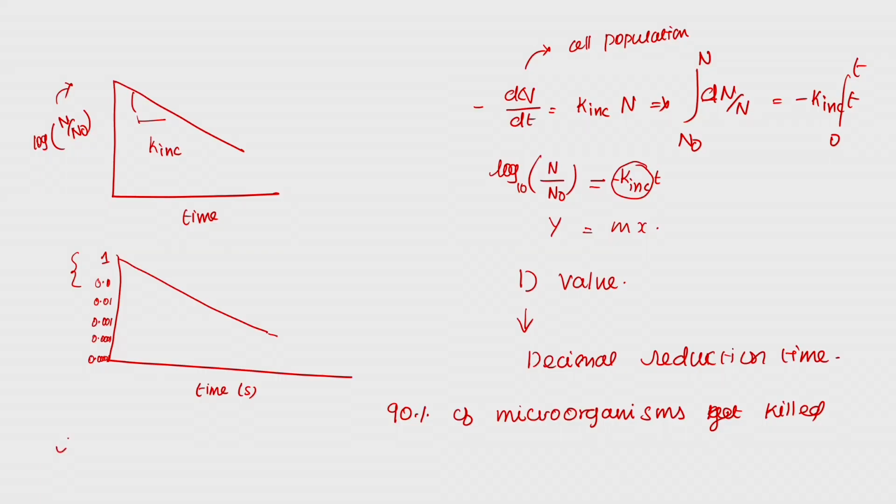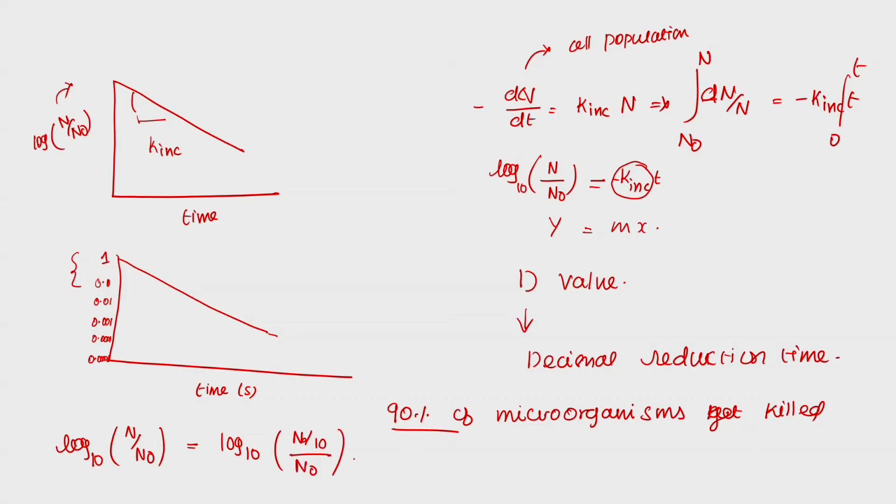So, if I have to put log of N upon N naught, what did I say, 90% of the microorganisms get killed at 1 log reduction. So, how much of the initial concentration would I be having? Only 1 by 10th, or otherwise 10% of the microorganisms would survive. So, that is nothing but 0.1 of N naught.